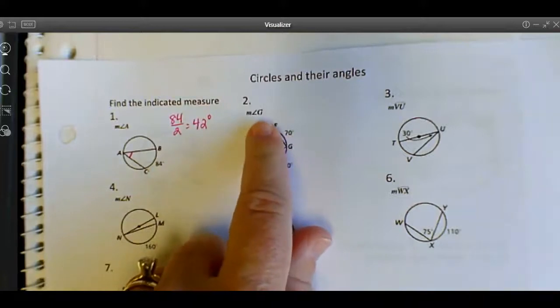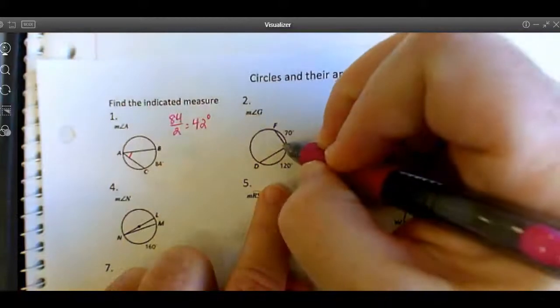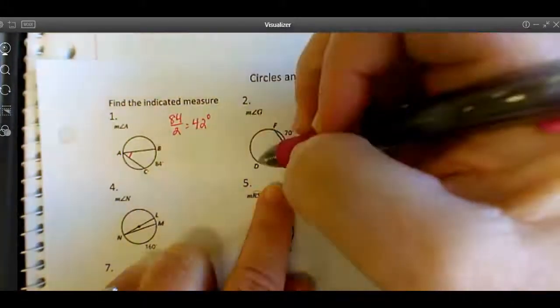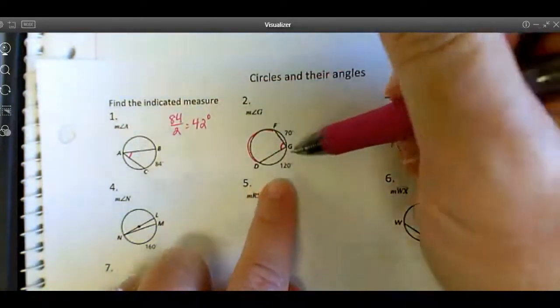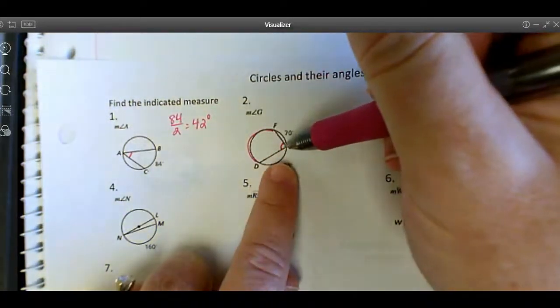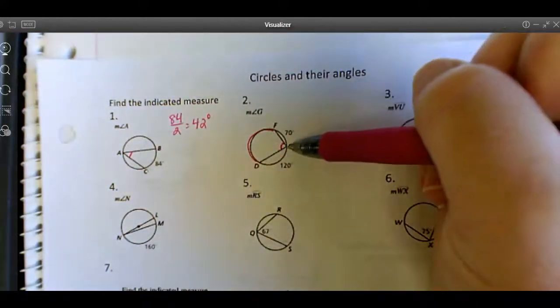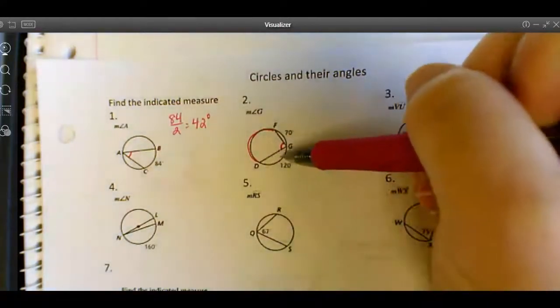Okay. Here, it wants me to find angle G. It's wanting me to find this right here. Well, in order for me to find that, I need to figure out this arc, because I know it's going to be half of that if I can figure that out. Look at what they already have for us. They've got 70 here and 120 here.